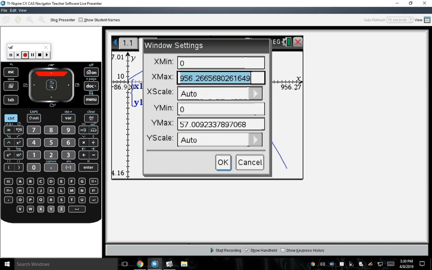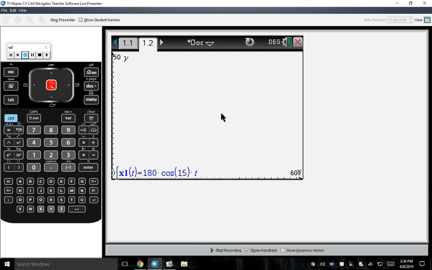And x max, what do you say? 600. And y max, what do you say? I mean, because it showed it on the thing right there, right? 50. Let's try 50. Perfect. So there's the trajectory of the ball.